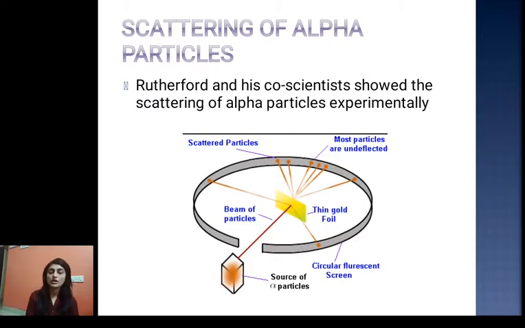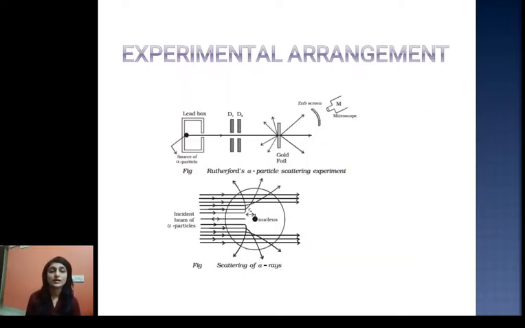Now let's talk about scattering of alpha particles. Rutherford and his co-scientists showed the scattering of alpha particles experimentally. See the experimental arrangement. Here we have a radioactive source enclosed in a lead box.